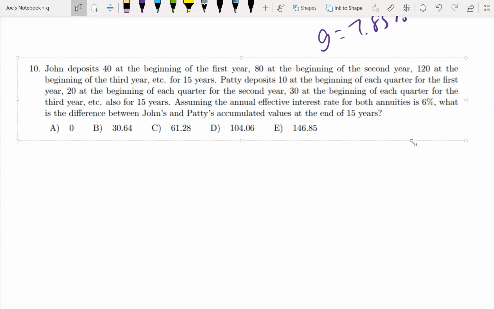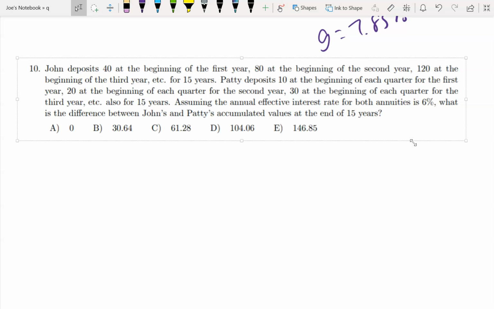So he's taking the whole 40 and depositing it for 15 years. Patty instead splits the 40 up each time into $10 increments, right? So Patty's going to put 10 at the beginning of each quarter for the first year, then 20 at the beginning of each quarter for the second year, and so on up the line.